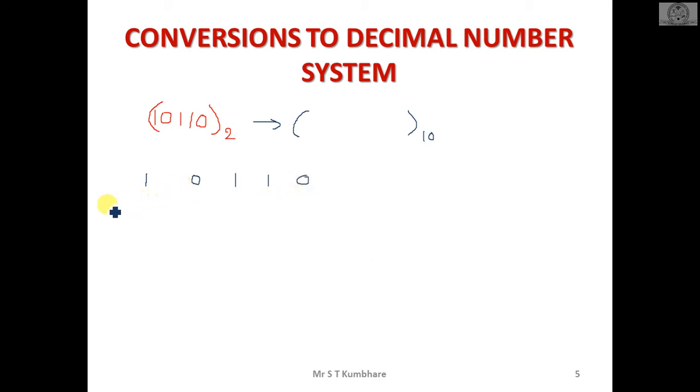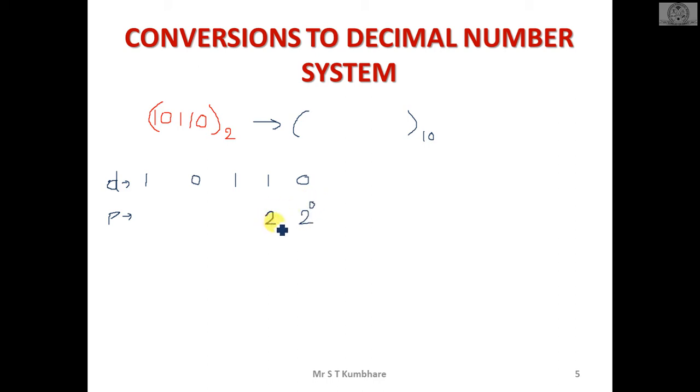Then I have to write down its positional value. How to do that? These are our digits, all mentioned in the binary number. Now we have to find out their positional value. We have to write down the base, then start with the power 0.